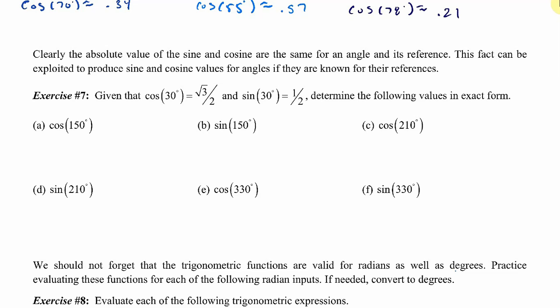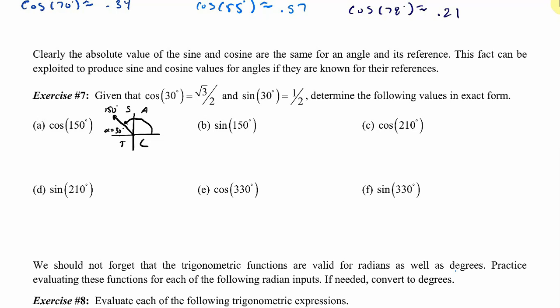So look, basically the way I typically look at these, I'll make a little grid. Okay, 150 degrees takes me into the second quadrant, and that is indeed 30 degrees away from the x-axis, okay? I'm dealing with the cosine function. Cosine of 150 is going to basically be the same as the cosine of 30.